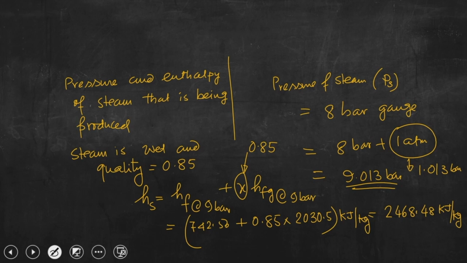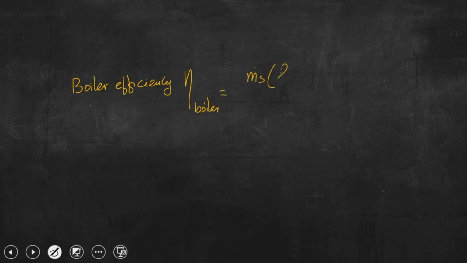Now, what would be the enthalpy? So, let me write the efficiency of the boiler. Boiler efficiency, eta boiler, is equal to the mass flow rate of steam into the change in enthalpy, Hs minus H liquid, that is feed water, divided by m dot fuel into the calorific value of the fuel.